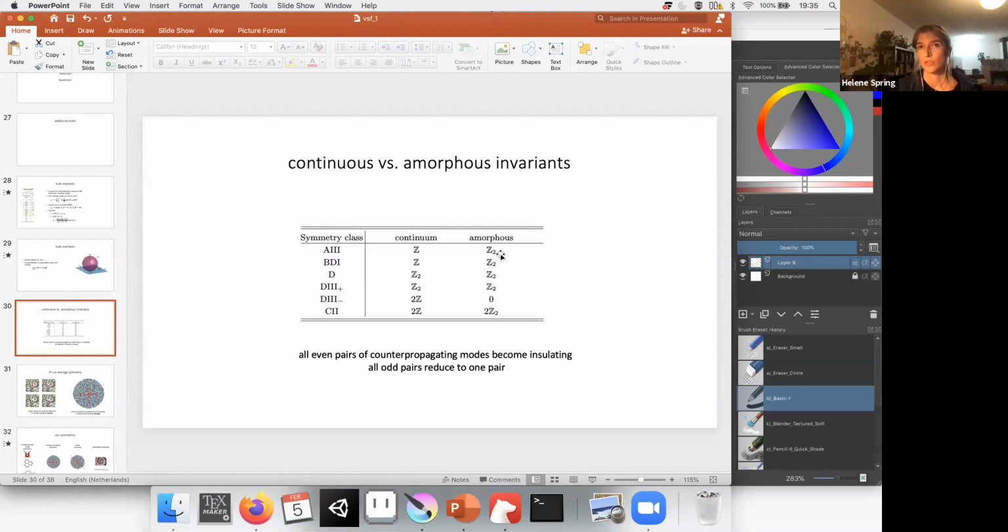Once you add disorder, the effect would be just to reduce the number of counter-propagating pairs. But apart from that, I can't think of much more surprising things happening just by manipulating the degree of continuous rotation symmetry. Yes, maybe I'm lacking imagination, that's all.